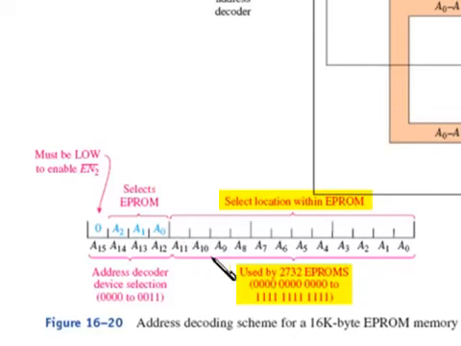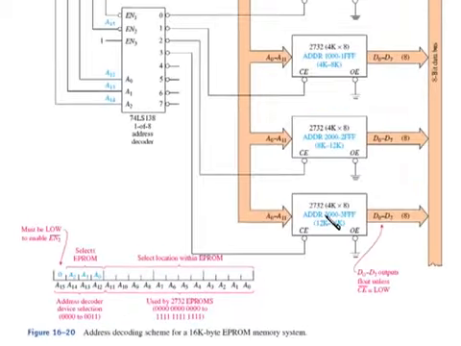So again, this is used by the 2732 EEPROMs, and they could be all zeros up through all ones, which is 000 hex up through FFF hex. And the first hex digit is going to be either 0000, which is a hex 0, or it could be 0001, which is a hex 1, or 2, or 3 to pick the last EEPROM that we have set up in here.